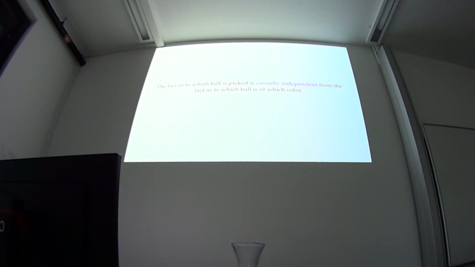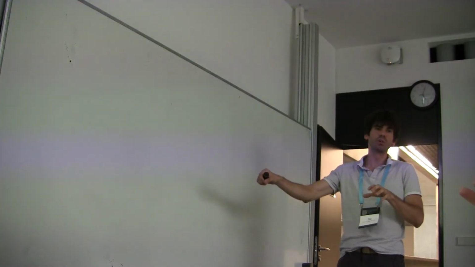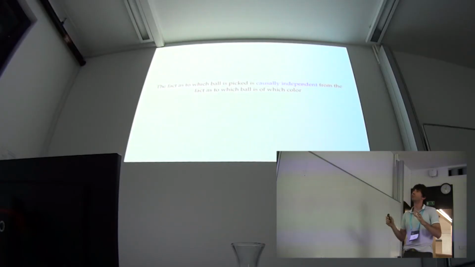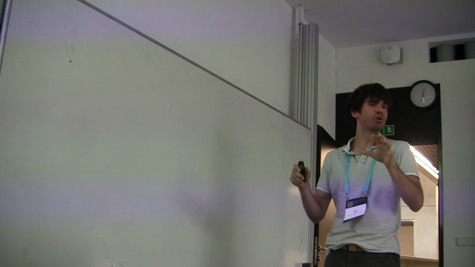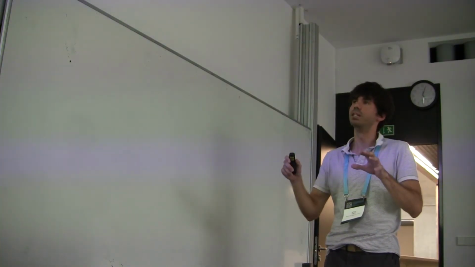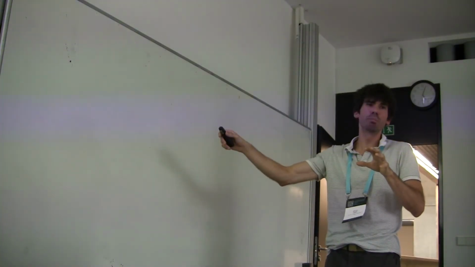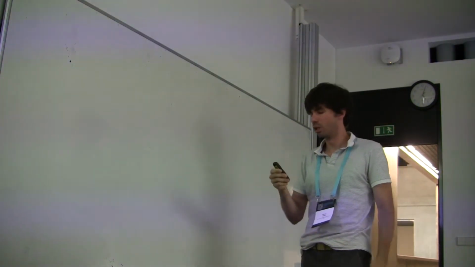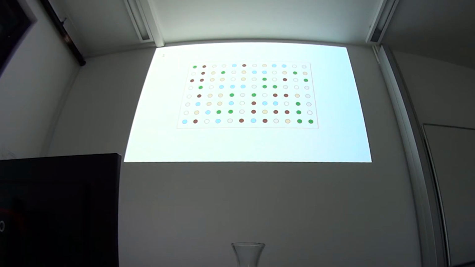Moreover, I assume that there is no common causal connection between the color properties and the process of selection. So all in all, I think the essence of this unbiasedness of the sampling is this complete causal independence between the color properties and the process of picking. No direct, no common causal connection.